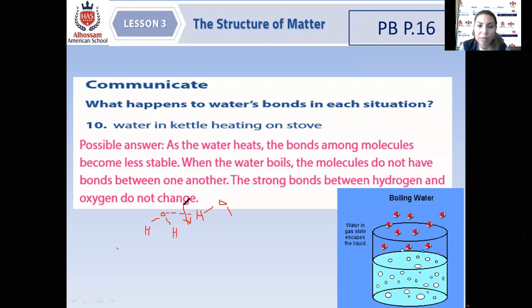So this arrow means broken down, while the one molecule of water, the bond between hydrogen and oxygen, is not affected. So the bonds between all the molecules will be broken down because they are weak bonds, while the bond in just one water molecule, between hydrogen and oxygen, is not affected because it's a strong bond.